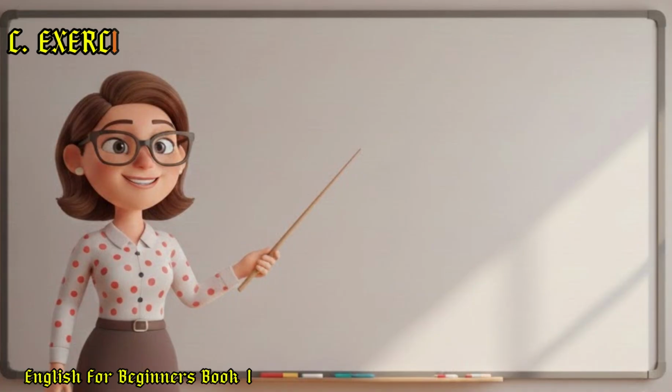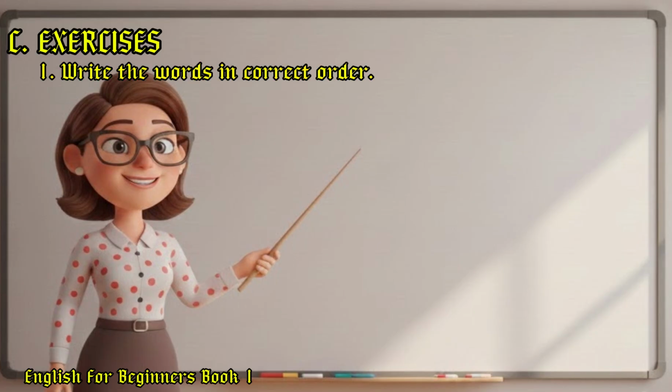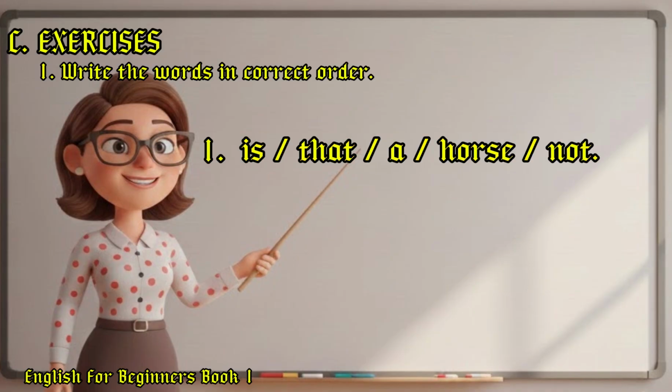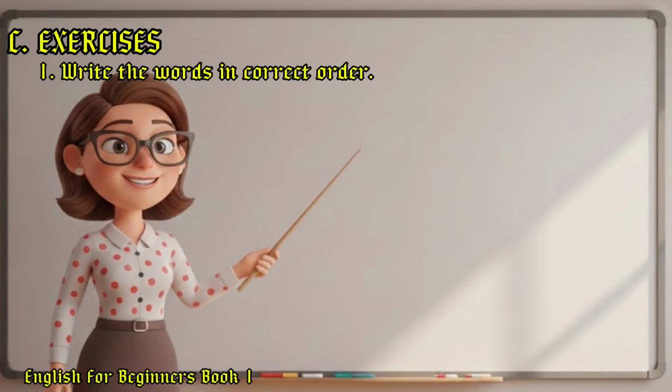Exercises. 1. Write the words in correct order. 1. Is that a horse? Not. That is not a horse. 2. An antelope.